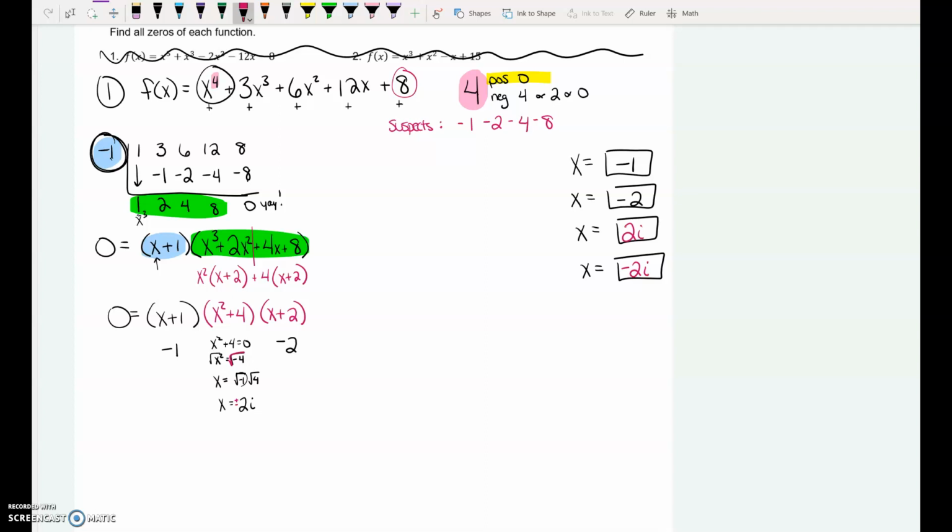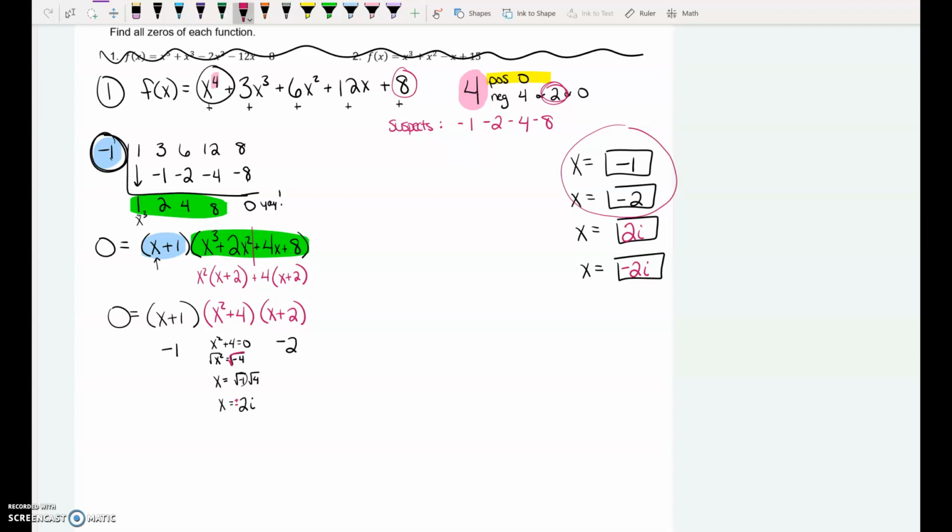All right, now the fundamental theorem of algebra and Descartes' rule of signs tells us how many real number solutions there could be. We ended up with 2 real number negative solutions. There are 0 positive real number solutions.